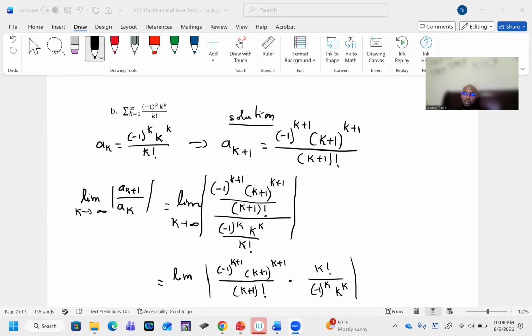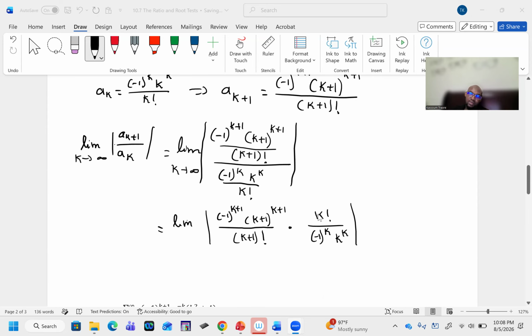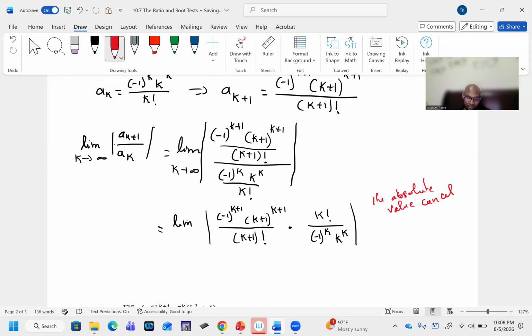So we can see first the absolute value cancels the negative 1 to the power of k plus 1 and negative 1 to the power of k.